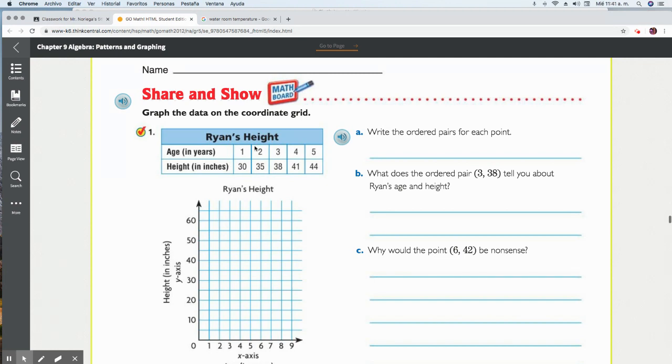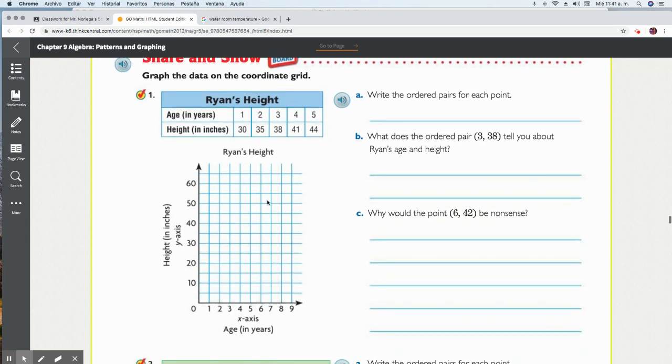To graph this data in the coordinate grid, we need to make ordered pairs. So the first step would be to write the ordered pairs for this table. If we look at the axes of the coordinate grid, this will tell us which number would be the first number in our ordered pair: the x-axis and the y-axis.